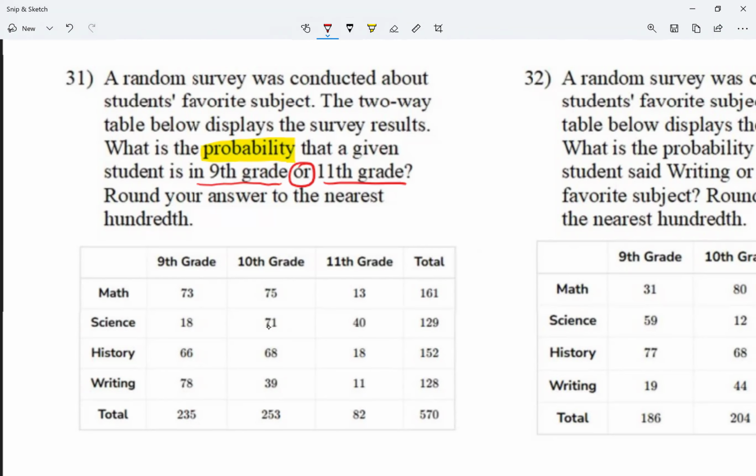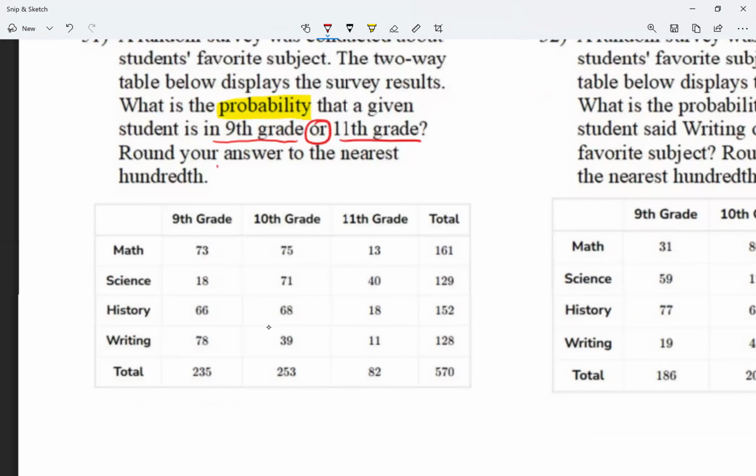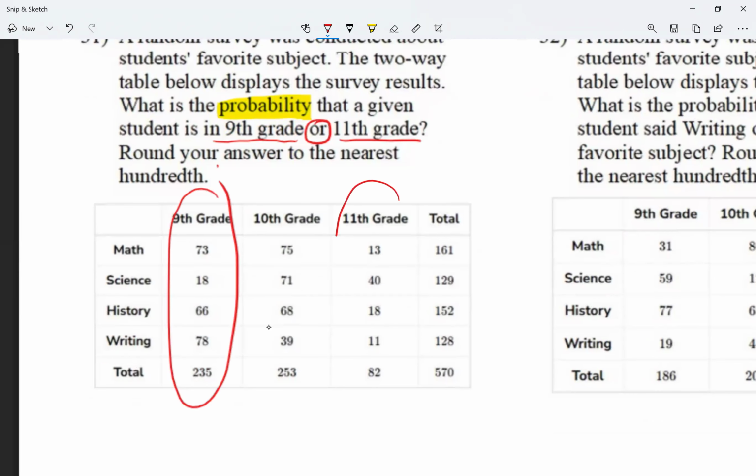When I use the word or, I can get the two informations from grades, the two informations from subjects, or I can mix and match. So here I'm looking at ninth grade. This is my information for ninth grade and 11th grade. They don't meet. Well, when I use the word or, they don't have to.